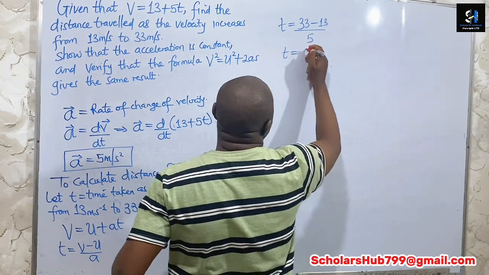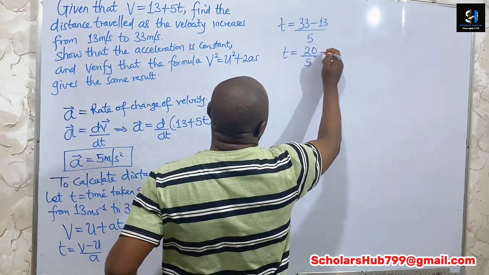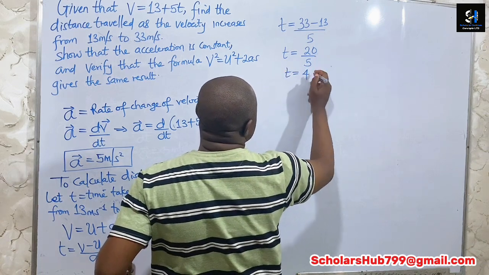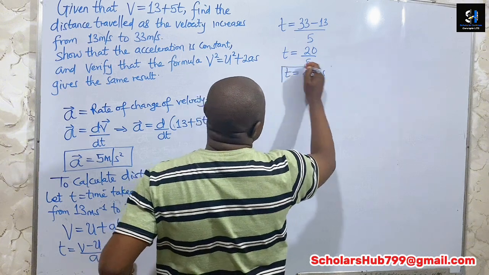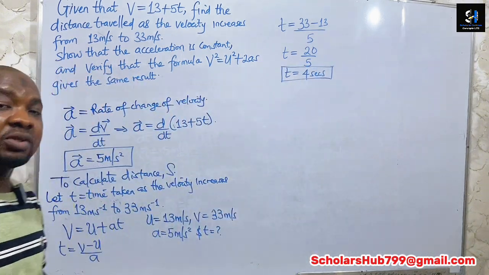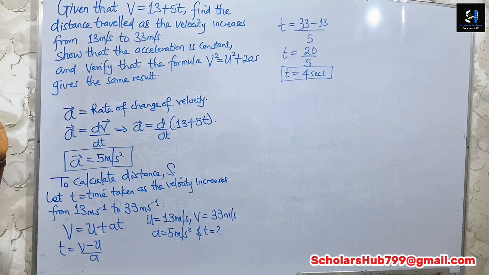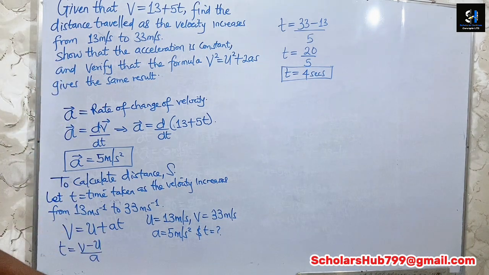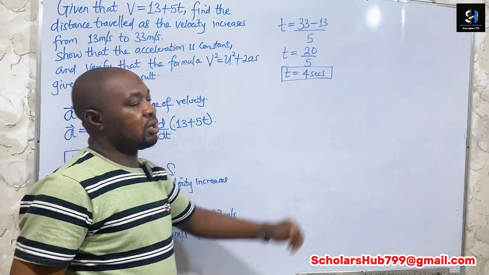So t equals 20 over 5, which is 4 seconds. The time it takes the velocity to increase from 13 to 33 meters per second is 4 seconds.